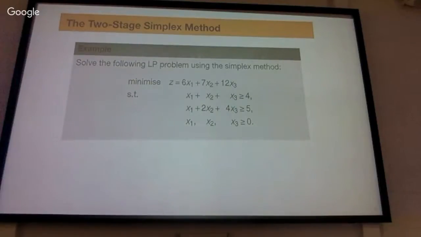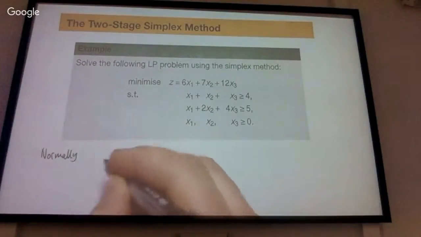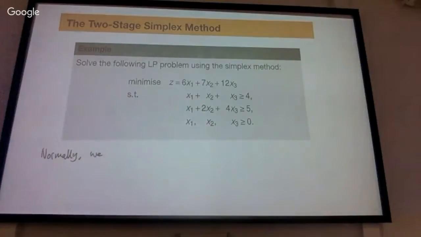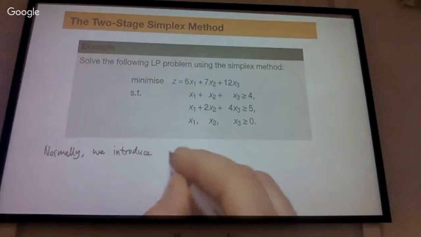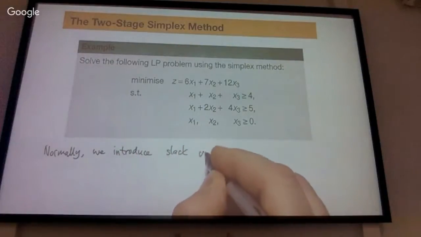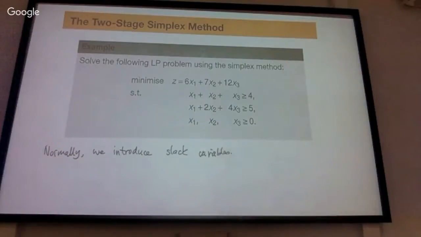When we're doing the simplex, we normally introduce slack variables. But here we can't introduce the slack variables in the same way as we usually do.